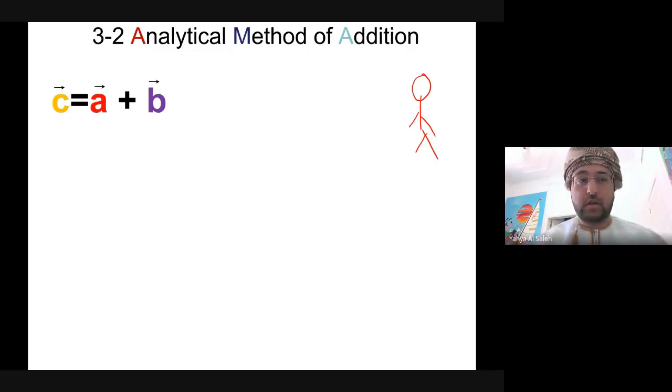And sometimes you have a really complicated vector, or you have to add 3 or 4 vectors, and how many vectors can I draw? It never ends. There is an easier way. There is a mathematical way.